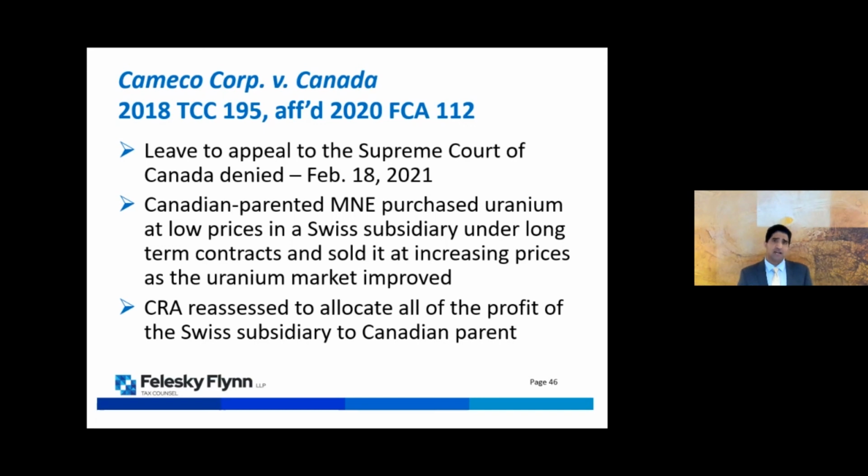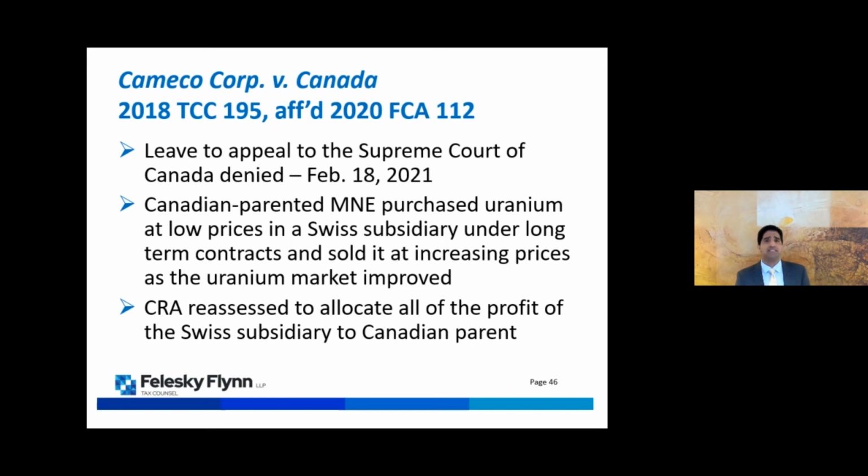And that Swiss sub purchased uranium both from Russia and from the Canadian parent at low prices under long-term contracts when the price of uranium was depressed, and then it sold it primarily into the US at increasing prices under shorter-term contracts as the uranium market improved. So it bought low and sold high, and therefore the Swiss subsidiary had considerable profit.